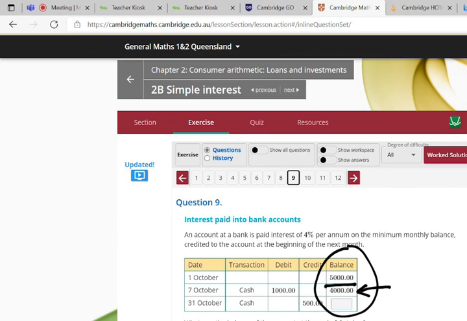So if they pay the interest for this particular period, they're going to pay it with the $4,000 rate. So it's always the lowest balance that they pay it on. So all you need to do is find all the balances if they're not already given, and then you'll simply do the interest formula with the lowest balance. Okay? There we go. All right.